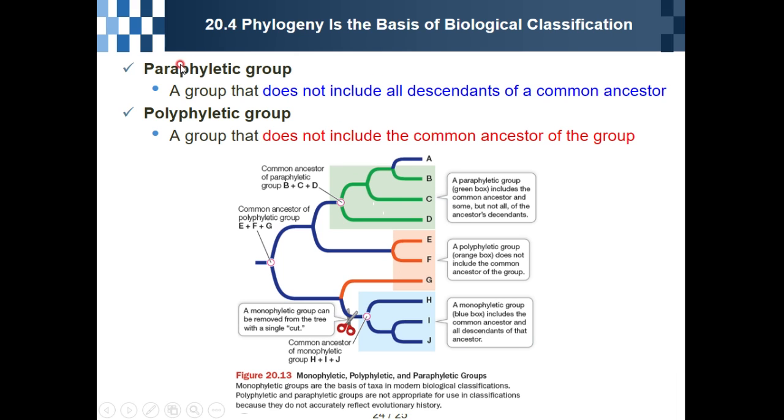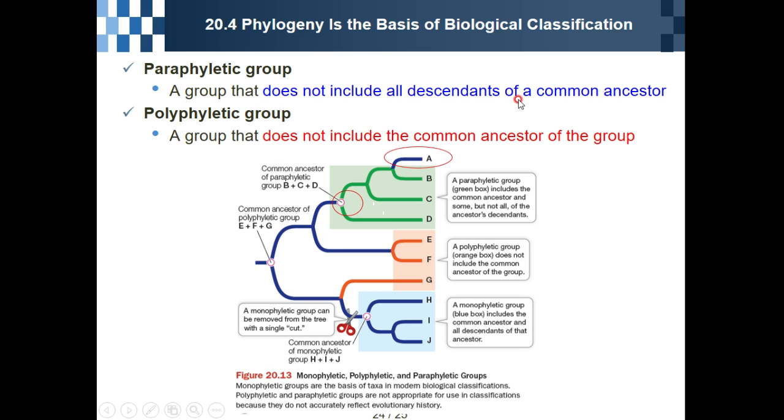Another one is the paraphyletic group. So they have the common ancestor, okay? But the green square is a group that does not include all descendants of a common ancestor.